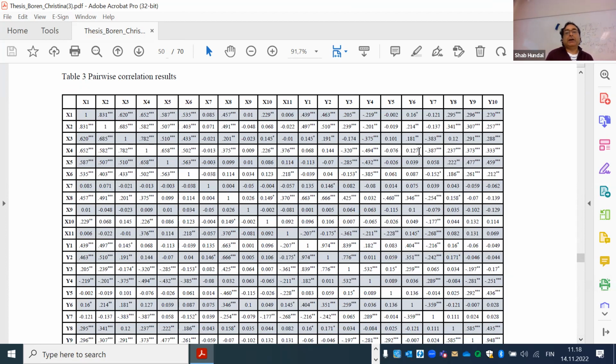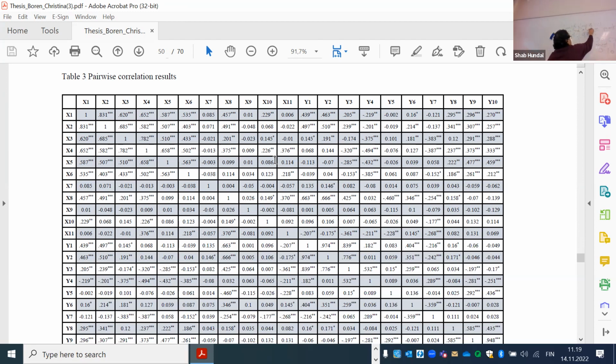But the idea is that the student has distinguished between the significant results and insignificant results. And the rule of thumb, you can see some are 3 stars, some are 2 stars. Can you see that? Some are 1 star. The rule is that if there is a 1% level of significance, it means the level of confidence is 99%.